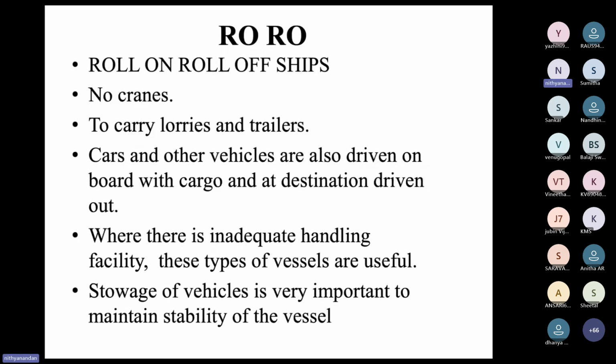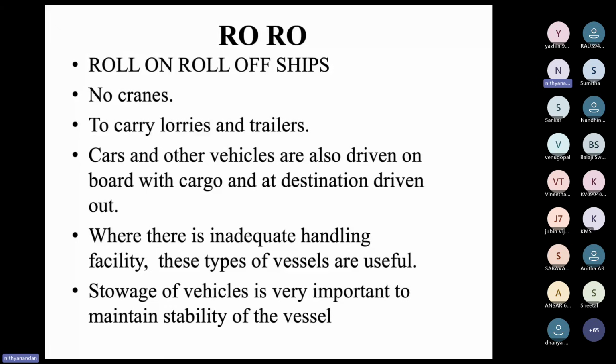Ro-Ro, roll on, roll off ship. Just like our backwaters in Kerala and Calcutta, the vehicles will be rolling on to the boats or ships along with goods or passengers, and the ships will be moving in the water, and at the destination, the vehicles, either cars or lorries, will be rolled off from the boat or ship.